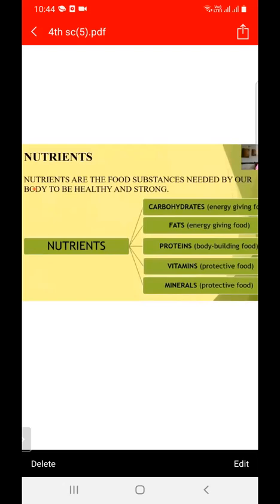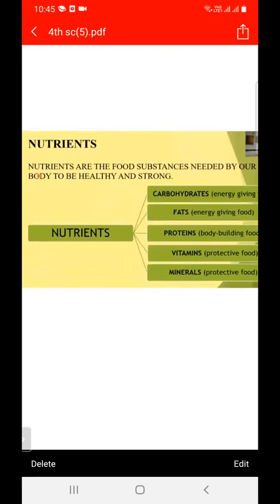So what are the types of nutrients? Carbohydrates, fats, proteins, vitamins, and minerals. Carbohydrates are energy giving food, and fats are also energy giving food.